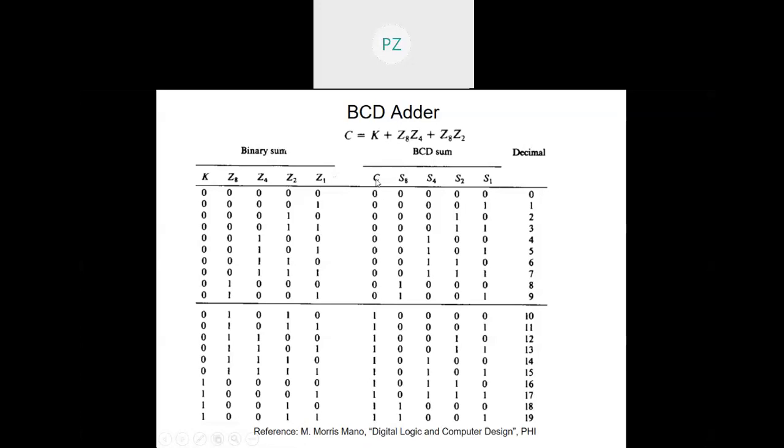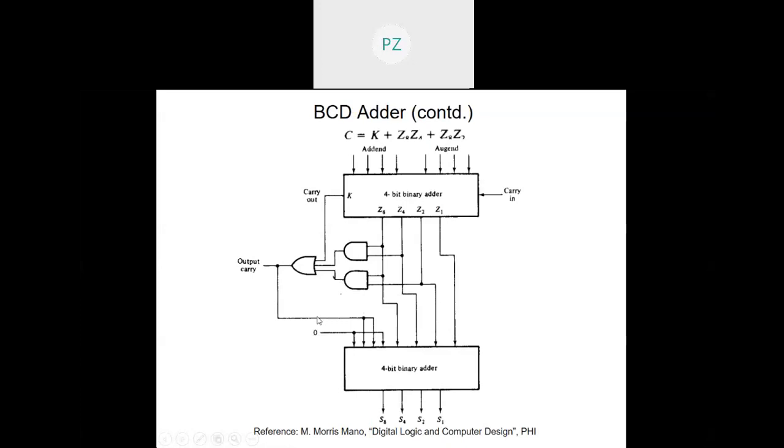Now, let me give you some idea. What I'm doing is a 4-bit binary adder. To it, these are the addend and the augend, the two BCD inputs that are to be added, which may vary from 0 to 9, and carry in, which may be 1.